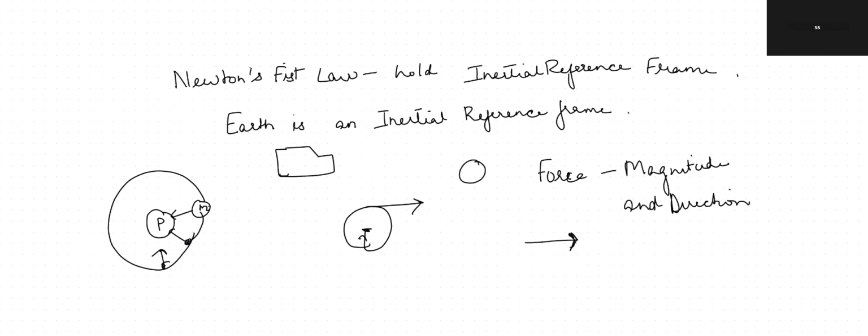So it doesn't go off into deep space like this, or it doesn't fall into the earth. So unbalanced force on a body will always impact its velocity. It could be speed or direction or both.